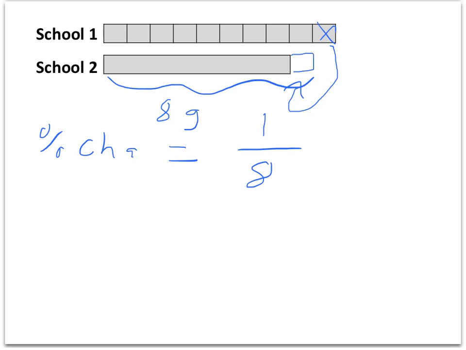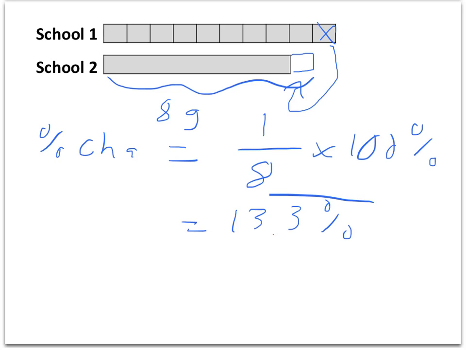So 1 group of change divided by 8 groups originally, and then we take that times 100%. Then we just have to do the arithmetic, and we know how to do 1 divided by 8, so we'll skip the details. This comes out to be about 13.3%. So school 2 increased by 13.3%. They went from 8 groups up to 9 groups. That's a change of 13.3%.